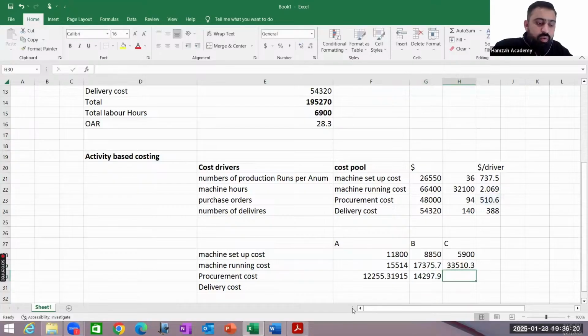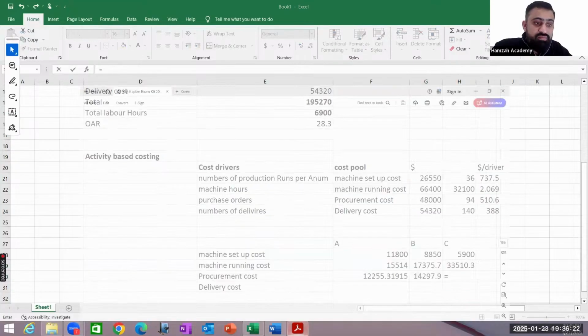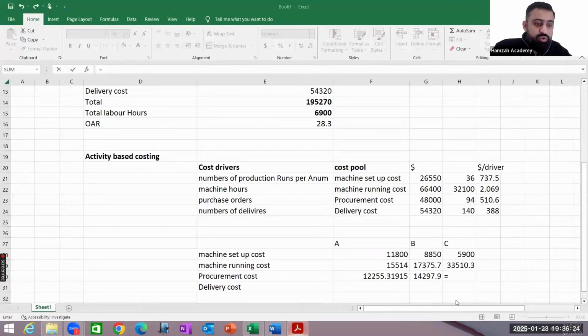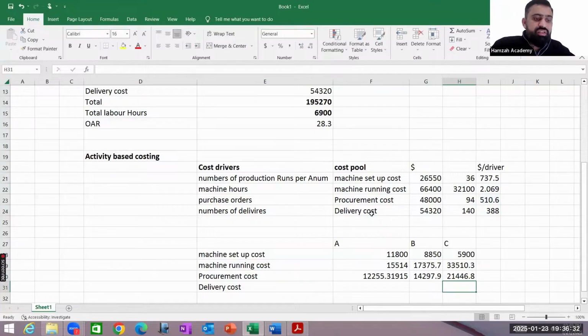And for C, that would be 42. This is how we will allocate the procurement cost.